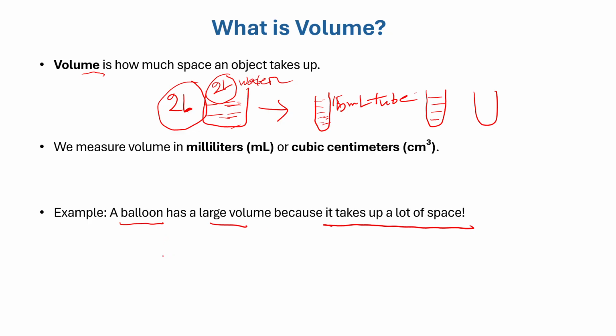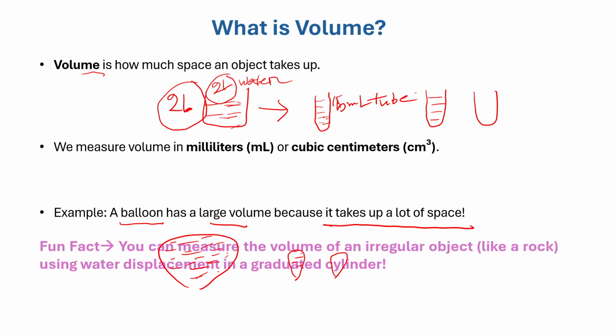A balloon, suppose this big, has the capacity to hold some gas or air inside it, but a smaller balloon like this one has a lower capacity to hold air inside.